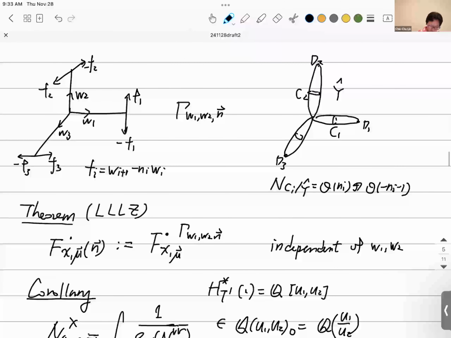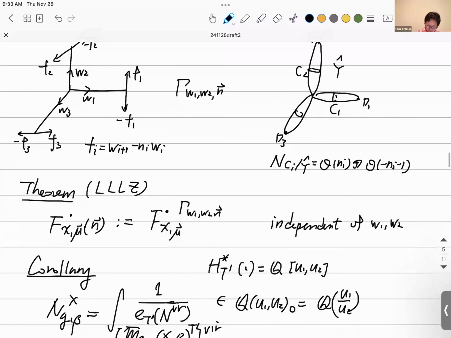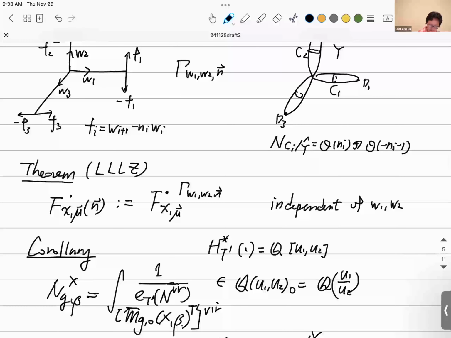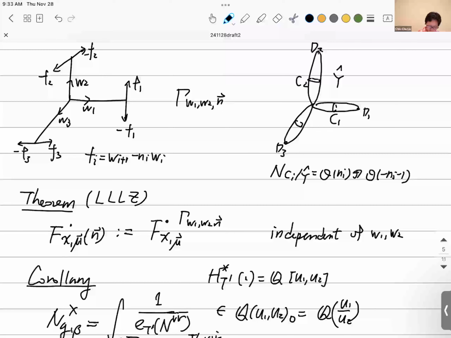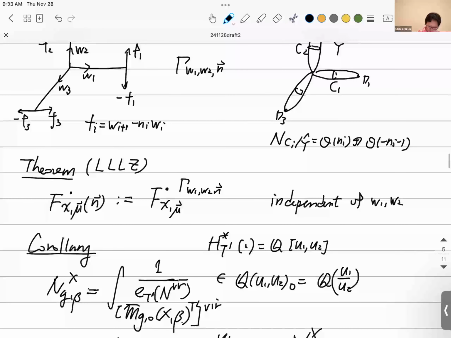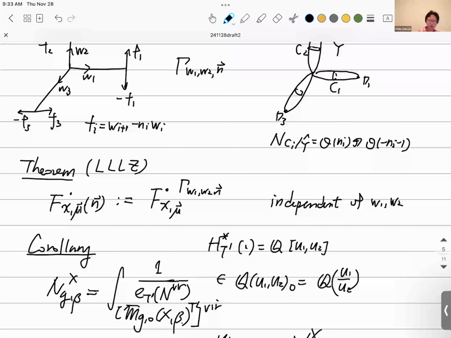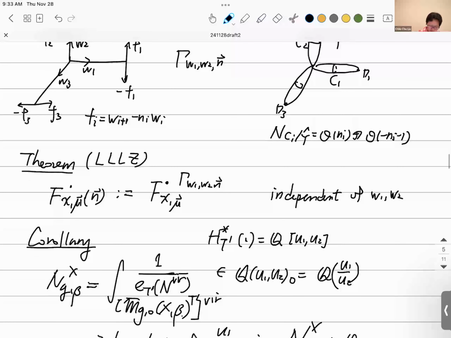As I said before, a technical lemma is that this invariant is independent of W1 and W2. So here is a corollary of this. For any toric Calabi-Yau threefold, the moduli space M bar G 0 X beta may not be compact.